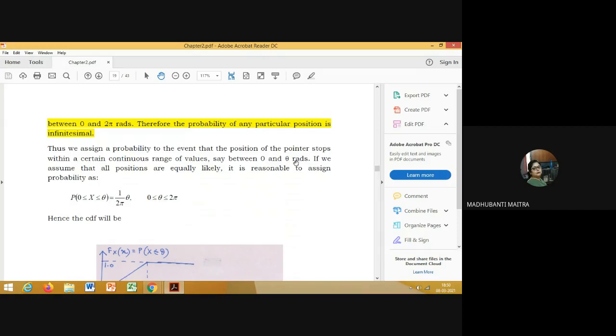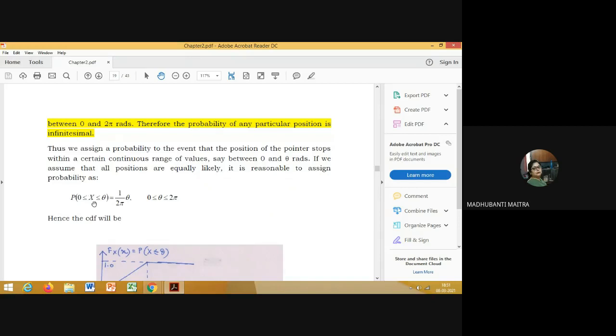Number one. The second assumption is, if you assume that all positions are equally likely, naturally it's quite an obvious assumption. So all positions are equally likely. So then we can assign the probability in this manner.